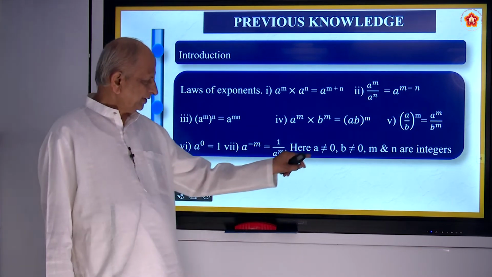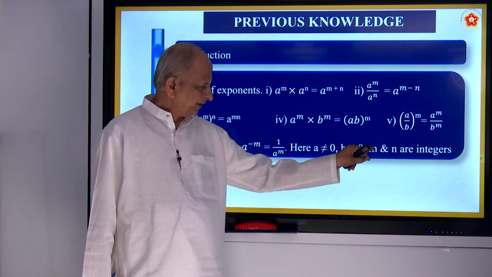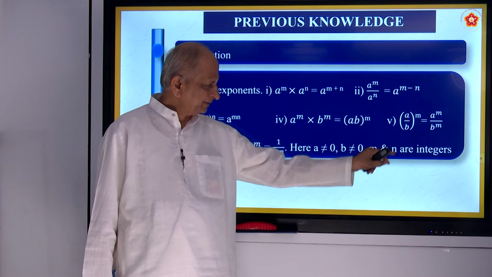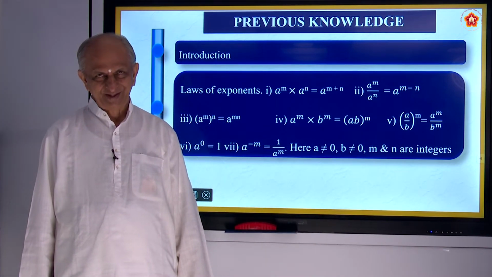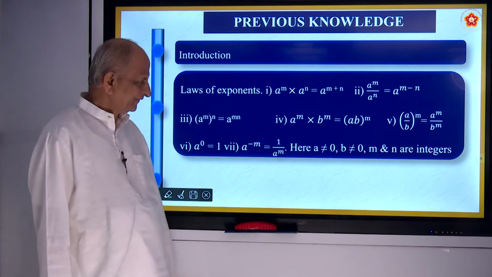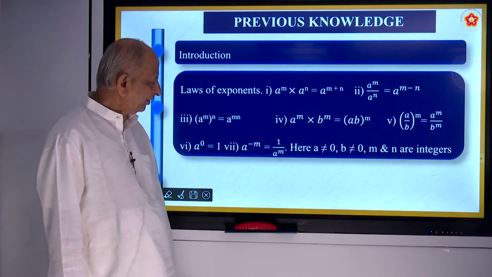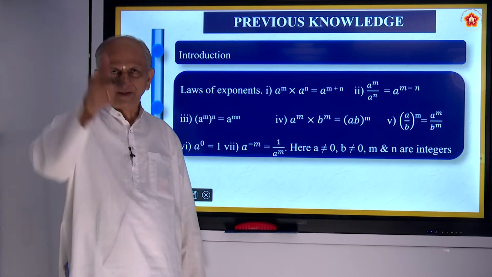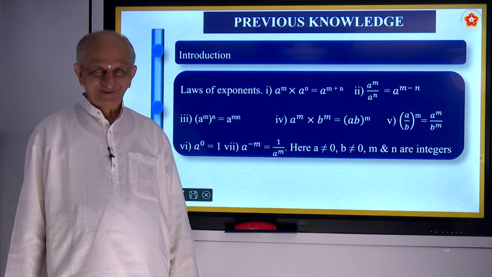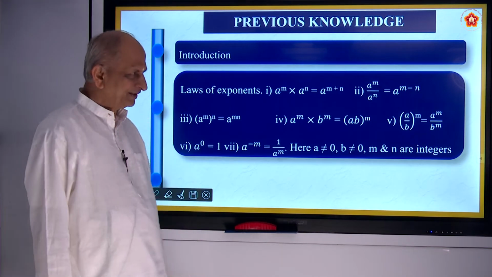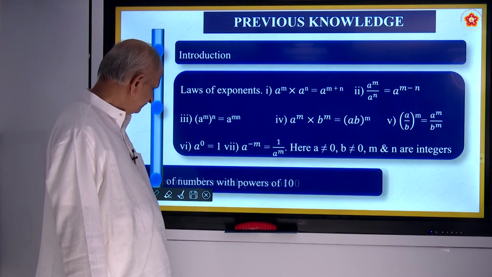Here a should not be 0, b should not be 0, and m and n are integers but not fractions or decimals, etc. Okay, but take only integers. So these are the important formulas. How many of you know it? Raise your hands. Okay, if you have not learned, learn again. Some 5-6 times you must tell and write.